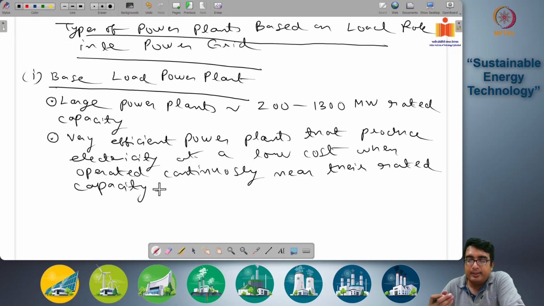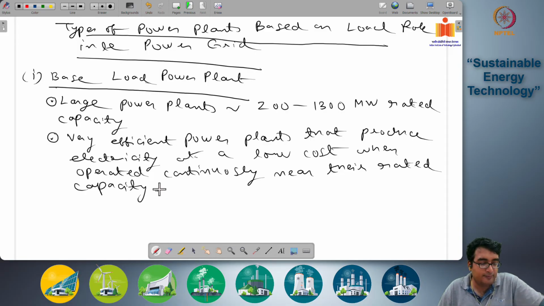So these are extremely efficient power plants which are usually operated continuously at their rated capacity because they are extremely efficient when they are run in this constant mode over days and months at their rated capacity.